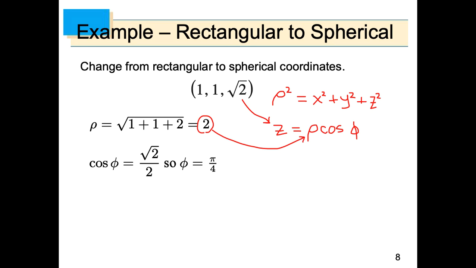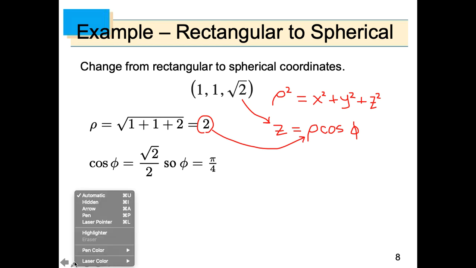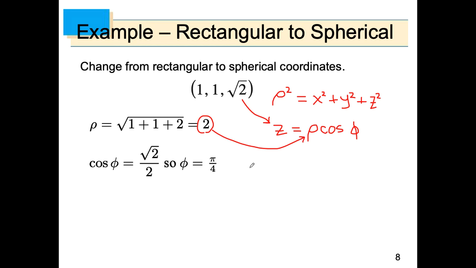All we have to do is find a relationship that includes theta in it. X and y, we saw from previous slides, have been defined in terms of rho, phi, and theta. So we can use either x or y, it doesn't matter. I'm going to go ahead and use x. As we can see, we have rho, phi, and theta involved.